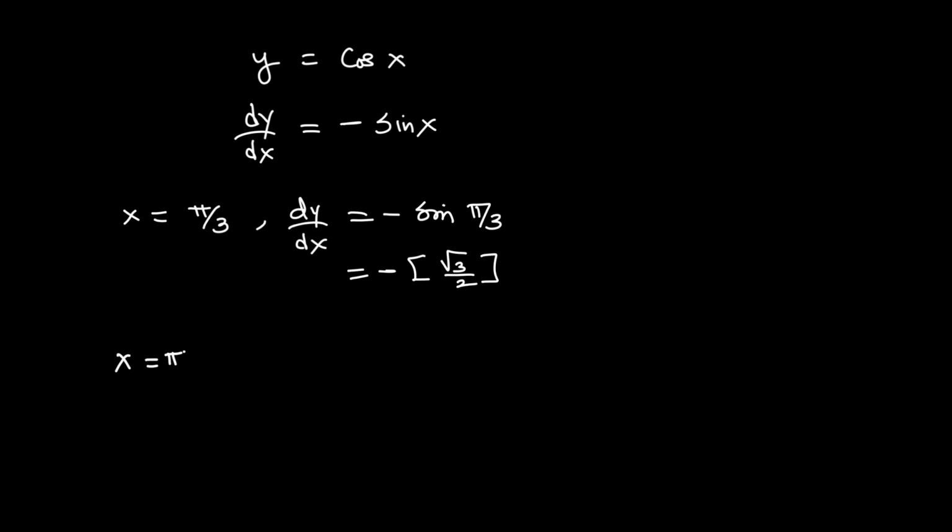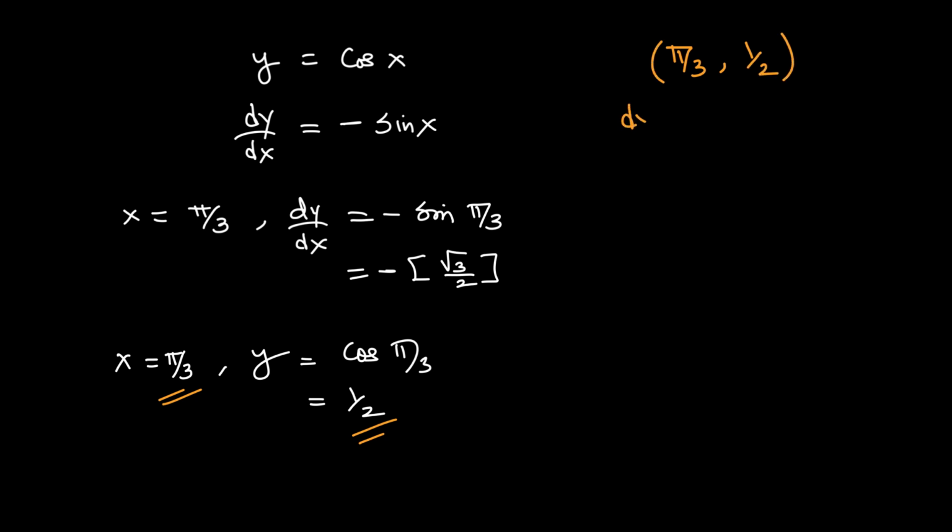When x is pi by 3, the y coordinate is cosine of pi by 3, which comes out to be half. So now we have the x coordinate, the y coordinate, which is pi by 3 comma half. The value of dy by dx is negative root 3 over 2, which is the gradient of tangent.